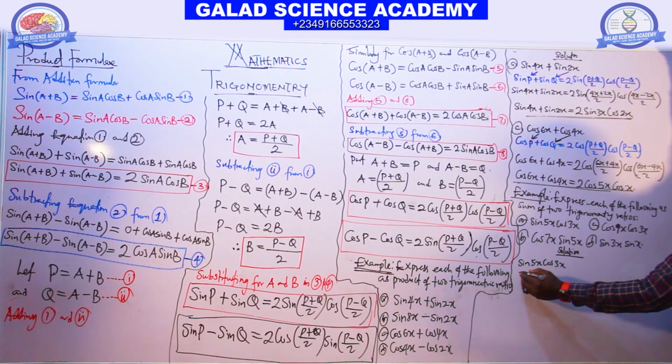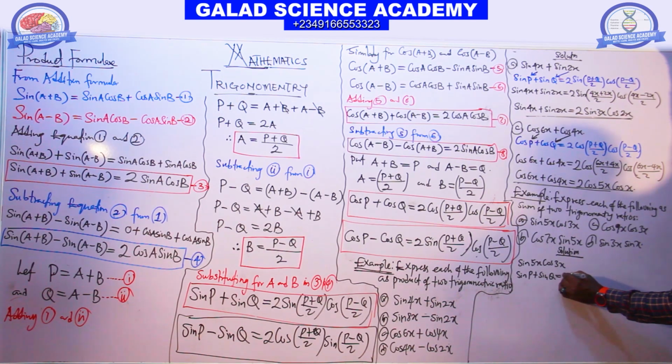Sine P plus sine Q is equal to 2 sine (P plus Q) over 2 cos (P minus Q) over 2.